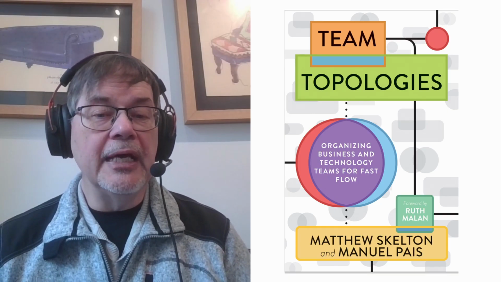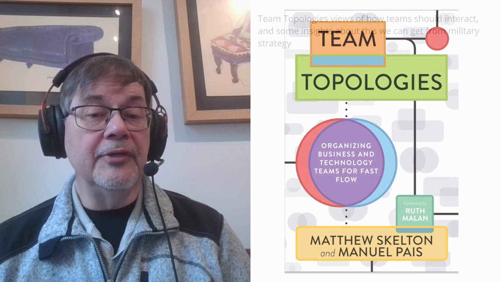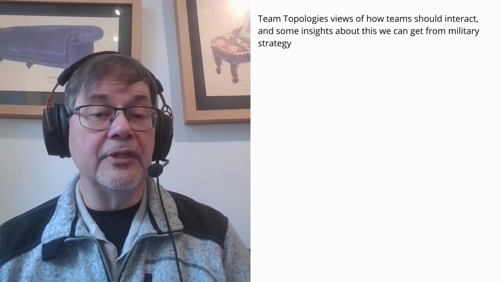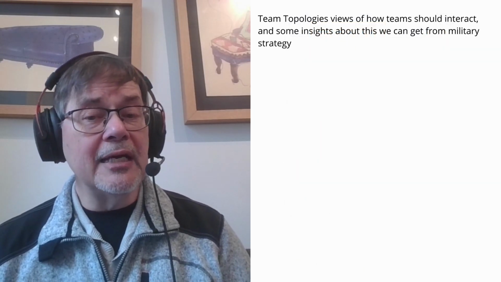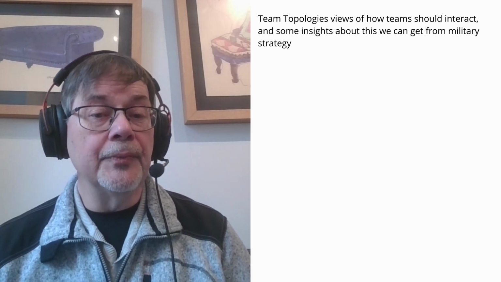Team Topologies continues to be a mixed bag with brilliant insights tightly coupled to fatal omissions. In the third and final part, I will talk about Team Topologies' views on how teams should interact and some insights about this we can get from military strategy.